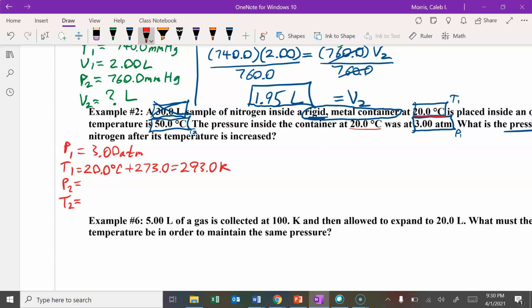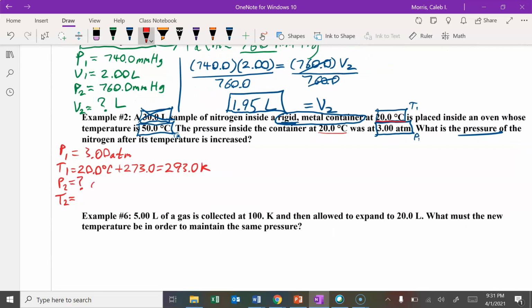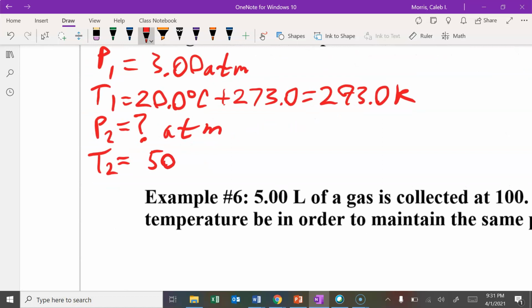P2 is what we're looking for. And T2 is 50.0 degrees Celsius, so we need to add 273. That's 323.0 Kelvin.